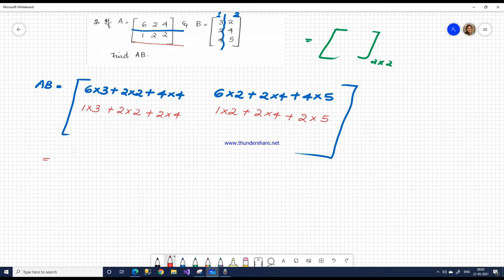So the answer will be 18 plus 4 plus 16, 3 plus 4 plus 8, 12 plus 8 plus 20, 2 plus 8 plus 10.